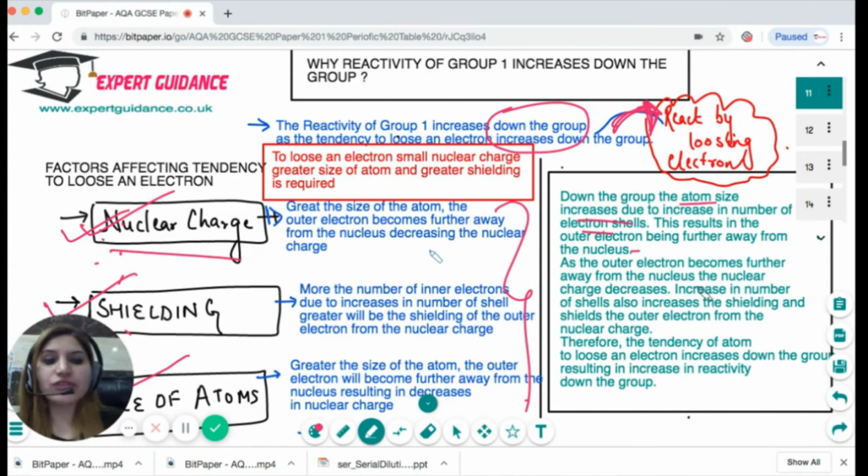As the outer electron becomes further away from the nucleus, the nuclear attraction decreases. The increase in number of shells also increases the shielding of the outer electron from the nuclear charge. Therefore, the tendency of an atom to lose an electron increases down the group, resulting in an increase in reactivity down the group. So remember, in group 1 you need to know the reason why the reactivity increases down the group, and I hope now you're able to answer that.